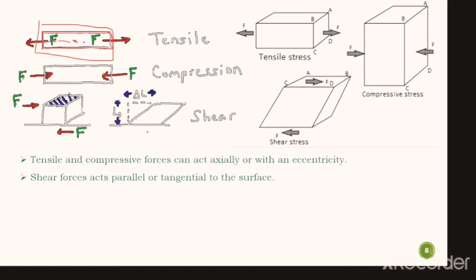Let us take this axis that is passing through the centroid of the body, and this is going to be called the axis. So if a force is passing in the direction of the axis, then such forces are called axial forces.